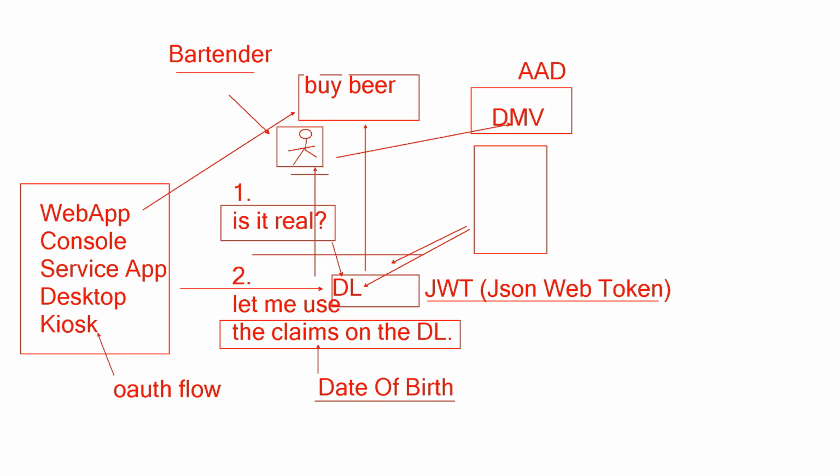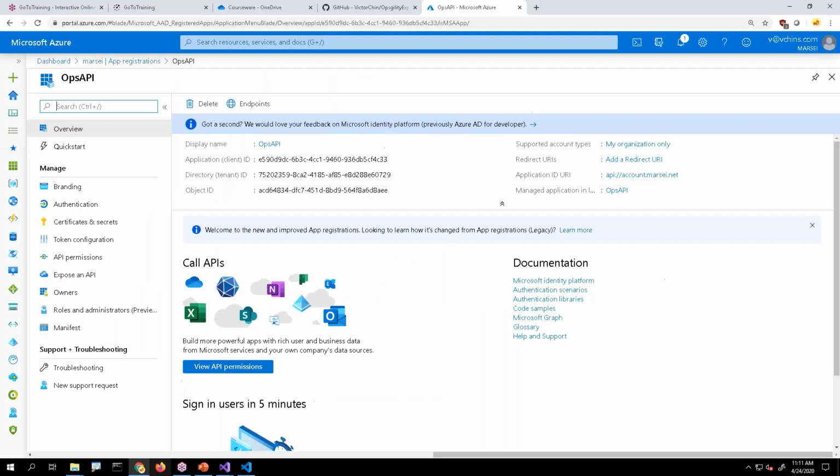Now, if AAD is able to obtain the consent and is aware of the permission being allowed, or in other words, consented, then AAD will go ahead and sign a JWT token, which the client can then deliver to the web API in order to consume its service. Okay, so this is just trying to compare the analogy of the real world versus how we work using OAuth, which is what we're talking about here today.